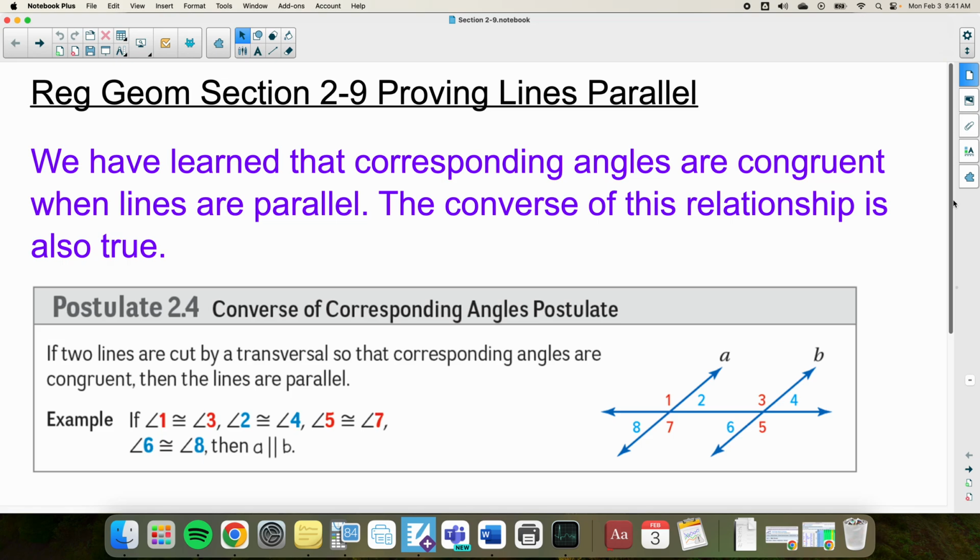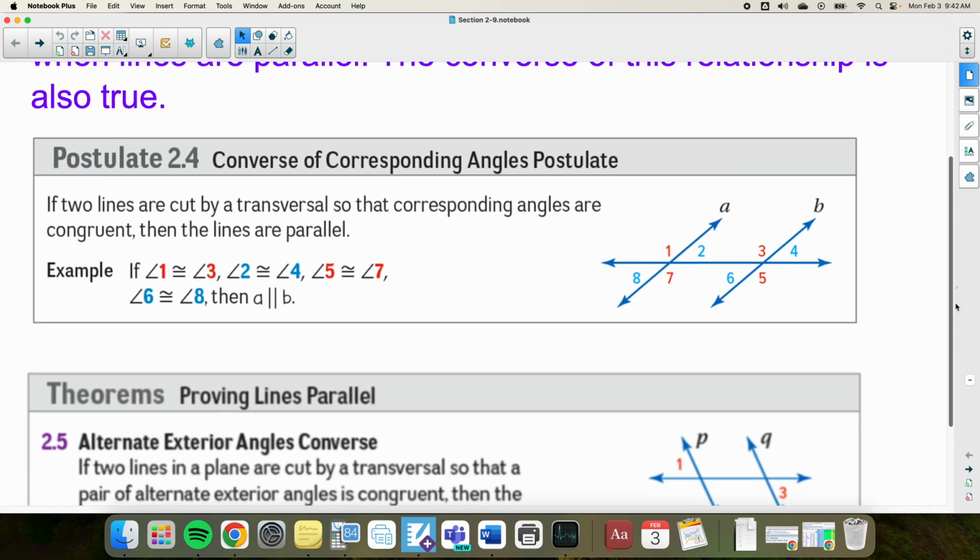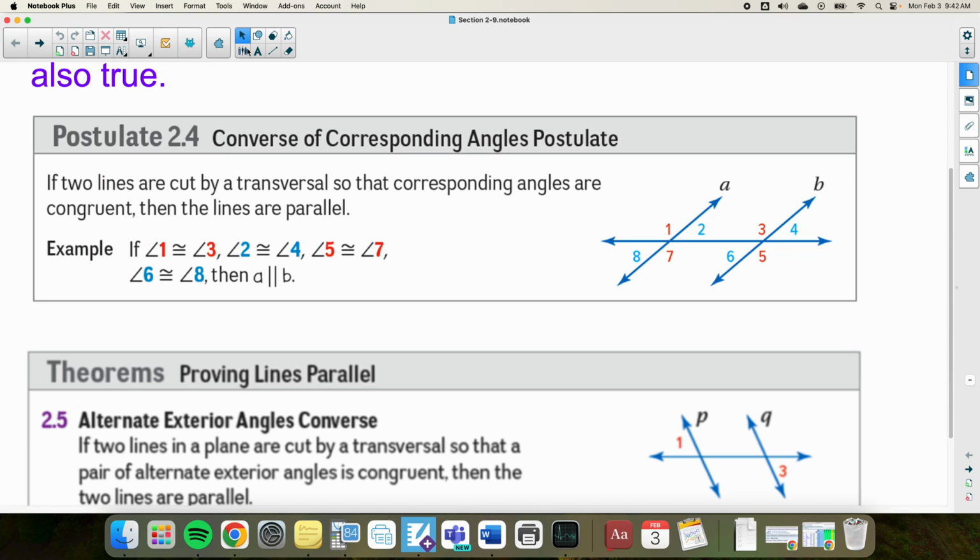Whereas last week, they'd say the lines are parallel, then corresponding angles are congruent. Today, they give us two angles. If they're corresponding and they're congruent, then we can say our lines are parallel. So a lot of this is going to be very familiar because it's so connected to that lesson.